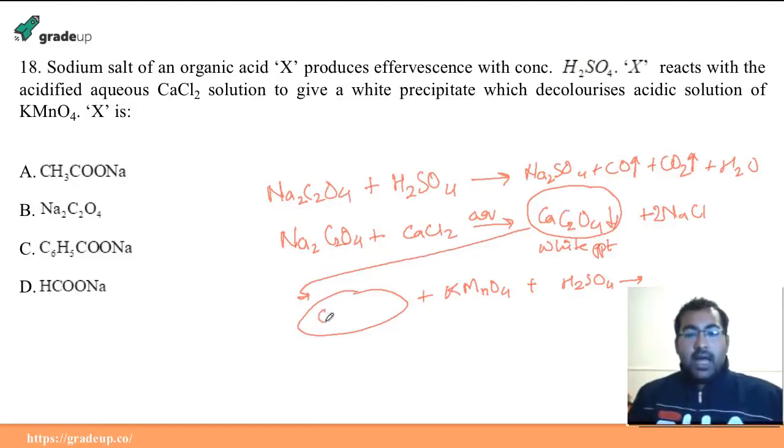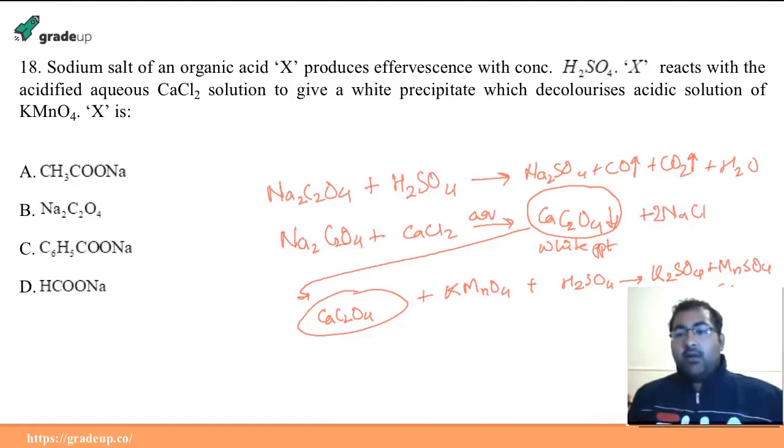When you have the reaction of this CaC2O4 with KMnO4 in presence of an acid, you get K2SO4, and then you get MnSO4 as well, which is colorless. The color was because of Mn, and now this is becoming colorless.